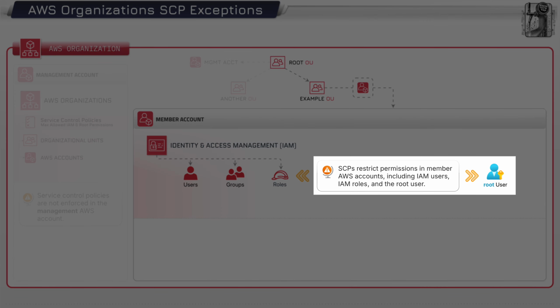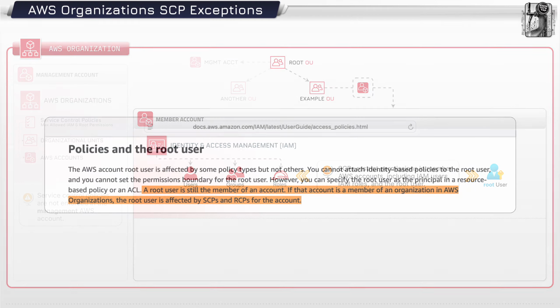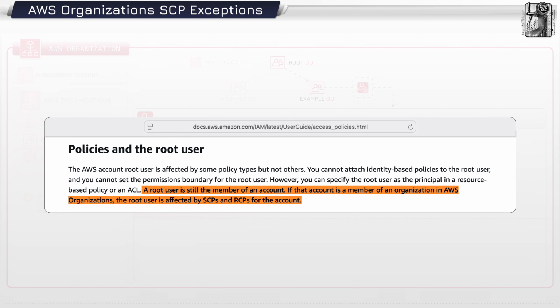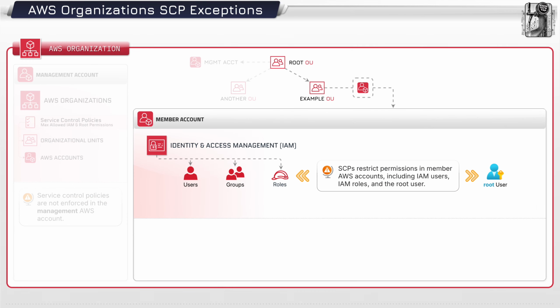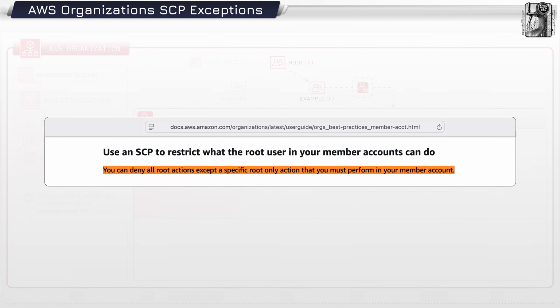When an AWS account is a member of an organization, service control policies do apply to the root user because SCPs operate at the AWS account level and affect all identities in that account. In fact, the one thing you can do with a service control policy is to effectively disable root user actions. When you're operating AWS accounts at scale, managing the root user credentials can become cumbersome.